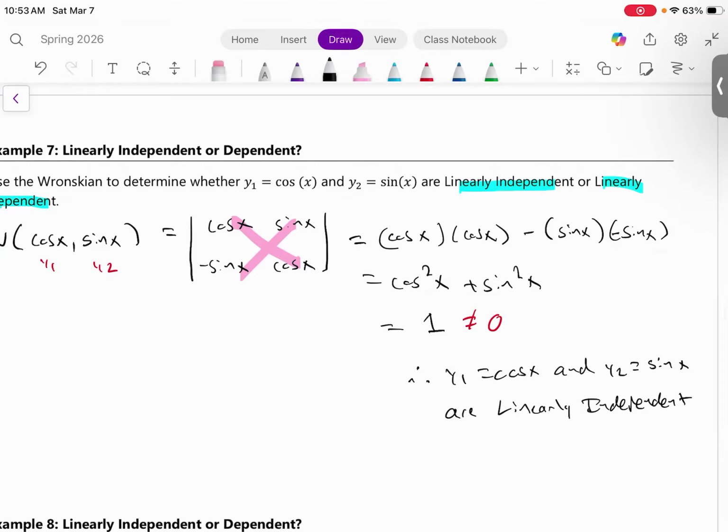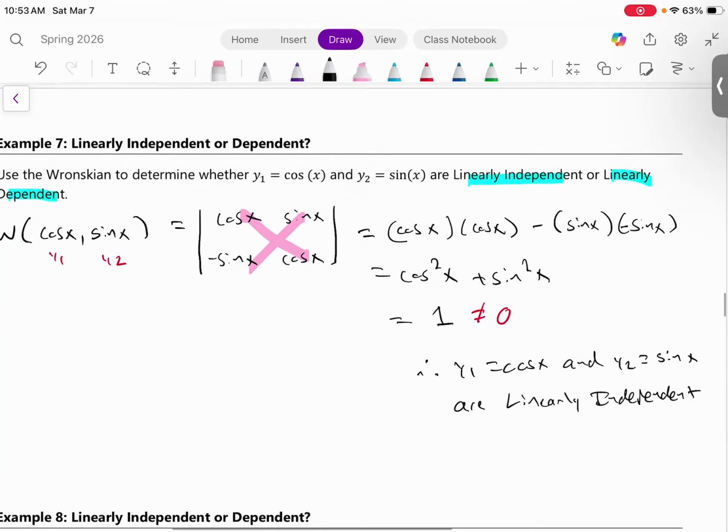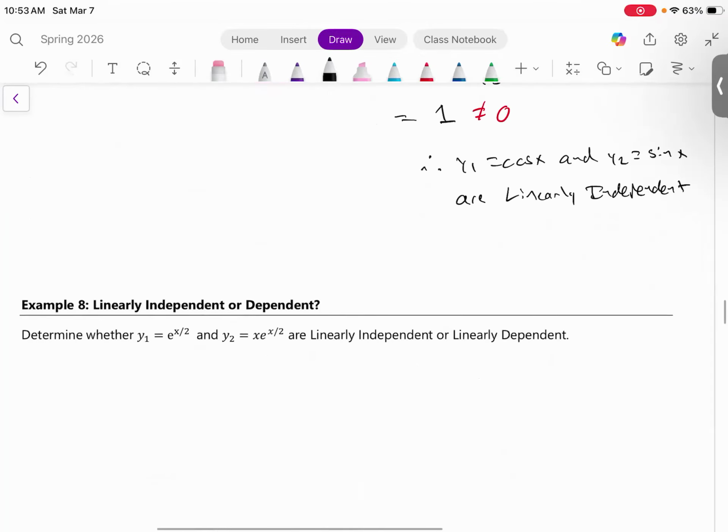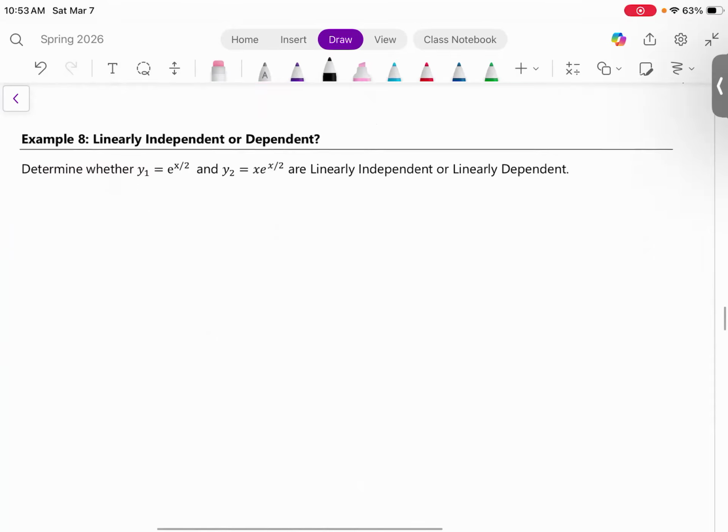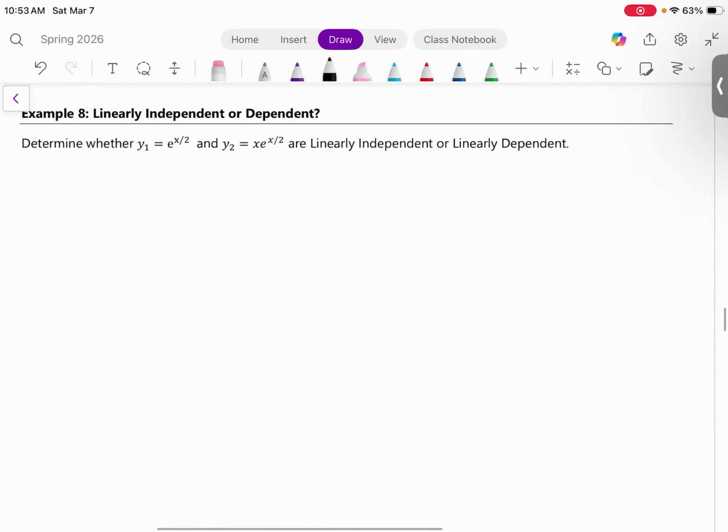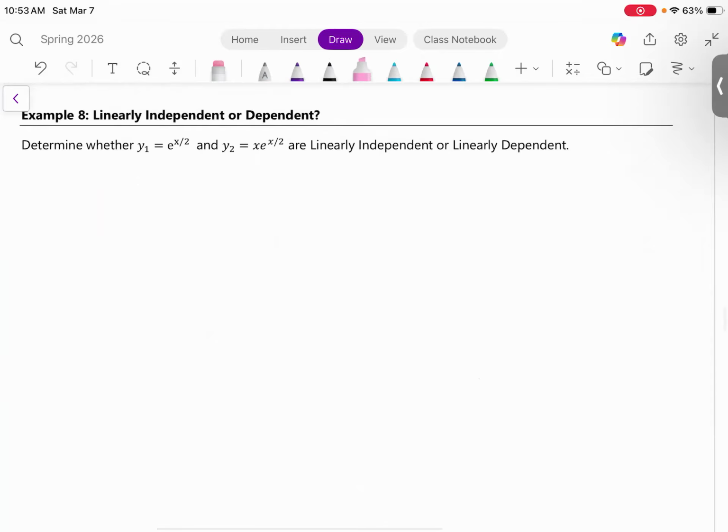Okay, so let's go ahead and move on to example 6, or excuse me, example 8. So a similar question. We have two functions here, y1 and y2. We want to see if they're linearly independent or dependent. Note it's not saying use a Wronskian.